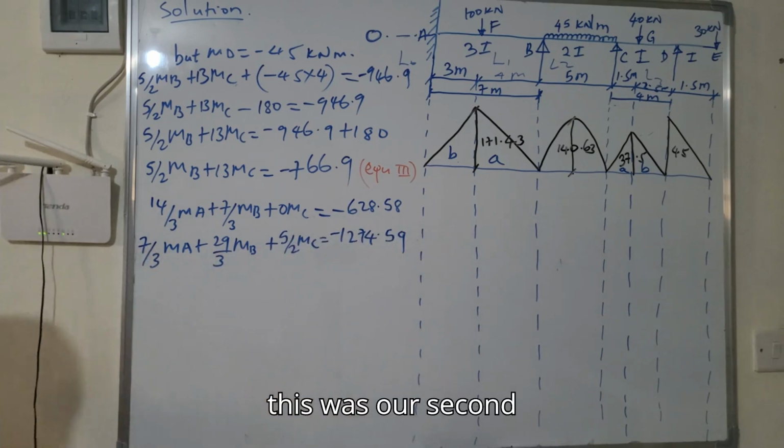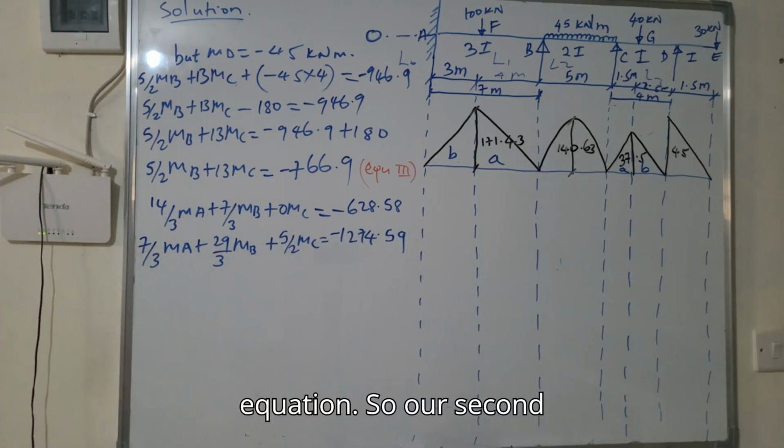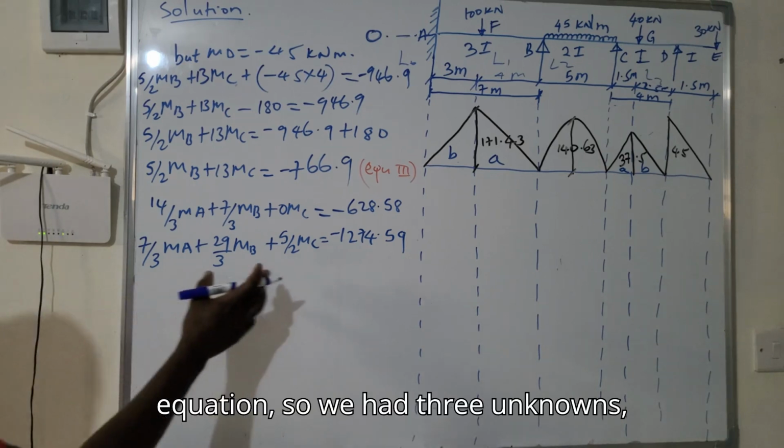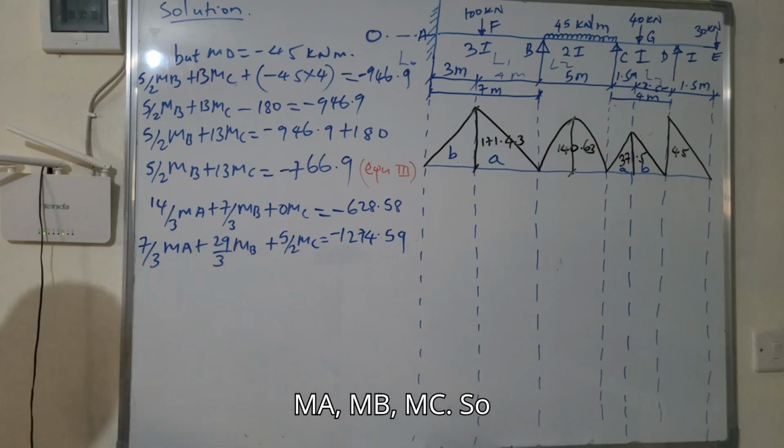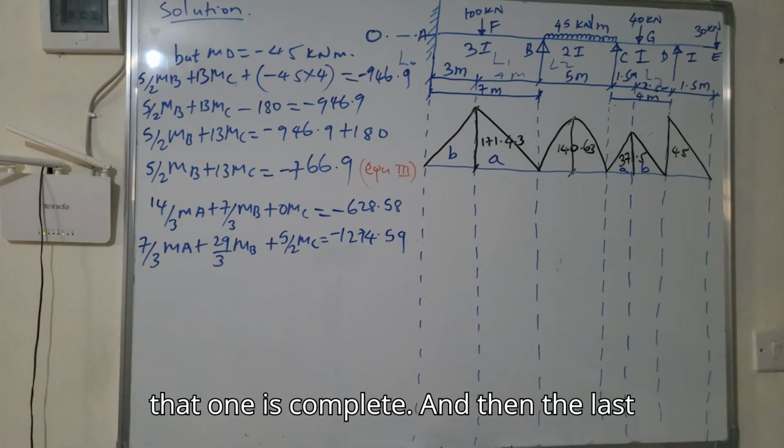So this was our second equation. We had three unknowns, MA, MB, and MC. So that one is complete.